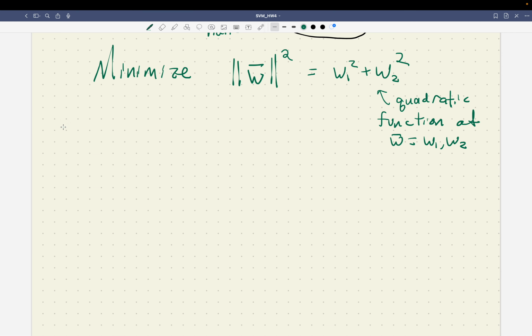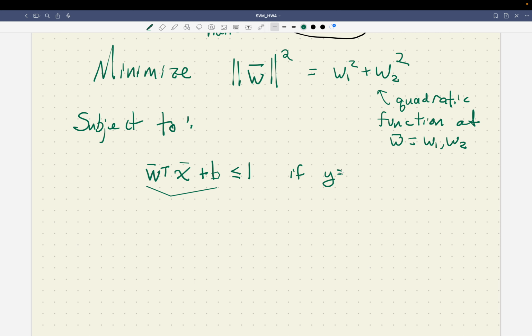Okay, and so what are the constraints? We want, subject to the constraints, w transpose x plus b, which is like the height on the z-axis, to be less than or equal to 1 if y is equal to positive 1.